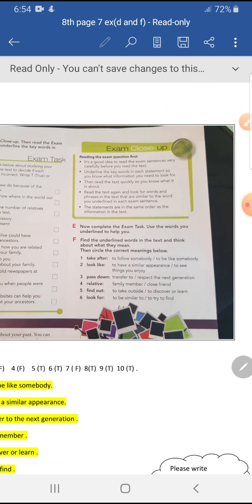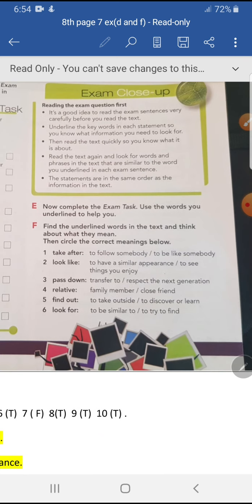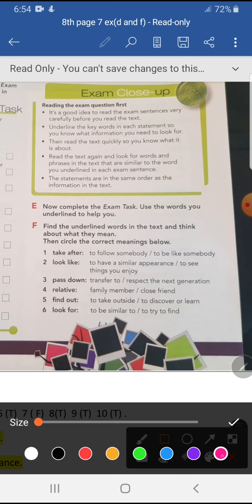Please write everything in your book. Let's now underline it together. Underline with me. Take after, it means to be like somebody. Look like, to have a similar appearance.